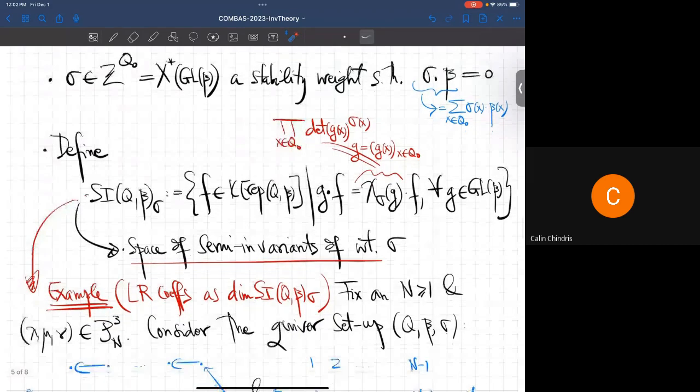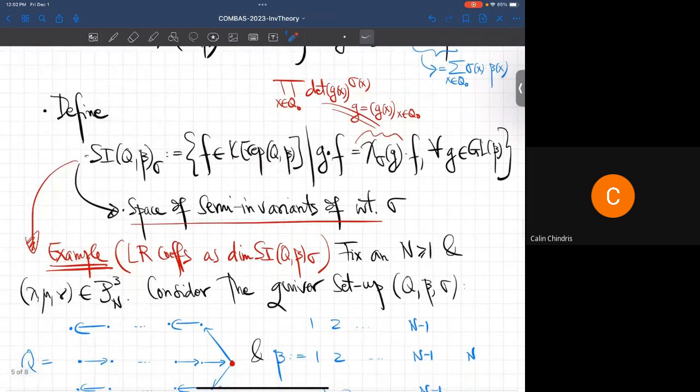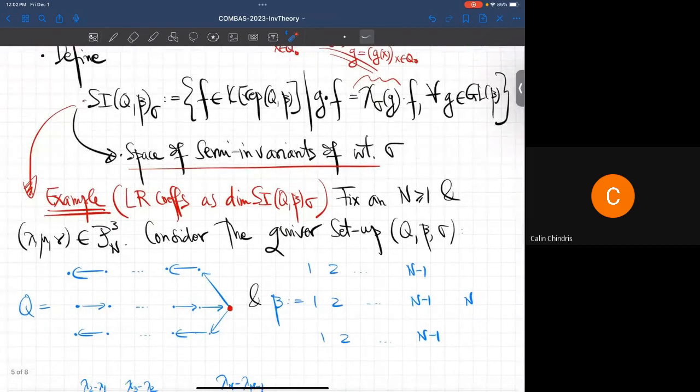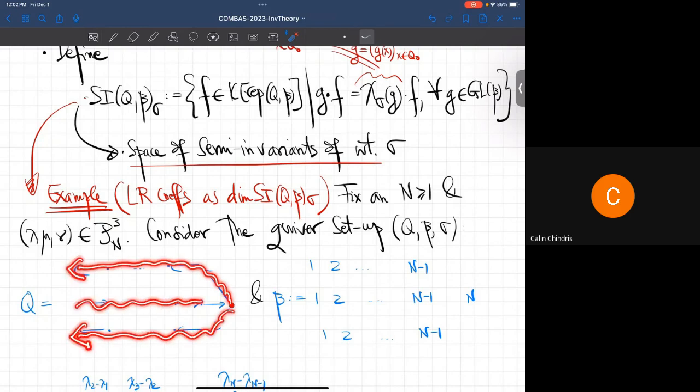This example explains how to view any Littlewood-Richardson coefficient as a dimension of a weight space of semi-invariants. Again, let me fix a positive integer n, and a triple of partitions, lambda, mu, nu, each of length at most n. Given n, you can construct the quiver Q, which looks like a star or flag quiver. You have this central vertex, and there are two flags going out and one flag going in.